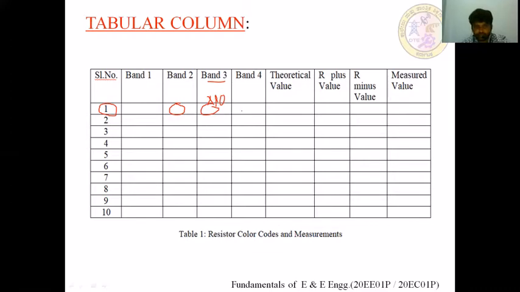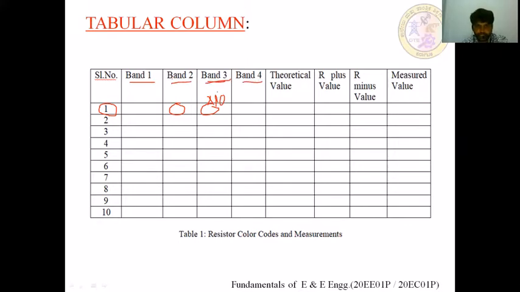Band 4 is the tolerance value, plus or minus. Practically we always use 4-band resistors only, so that's why I'm considering only 4 bands: band 1, band 2, band 3 and band 4.